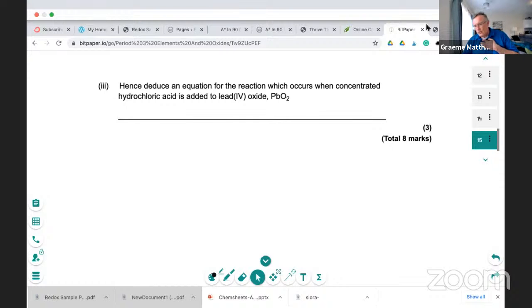We looked at how to balance redox reactions in neutral, acidic, and alkaline media. We looked at how to deconstruct a redox reaction into two half reactions, balance those in acidic media, and then recombine them. And also put them into alkaline media.